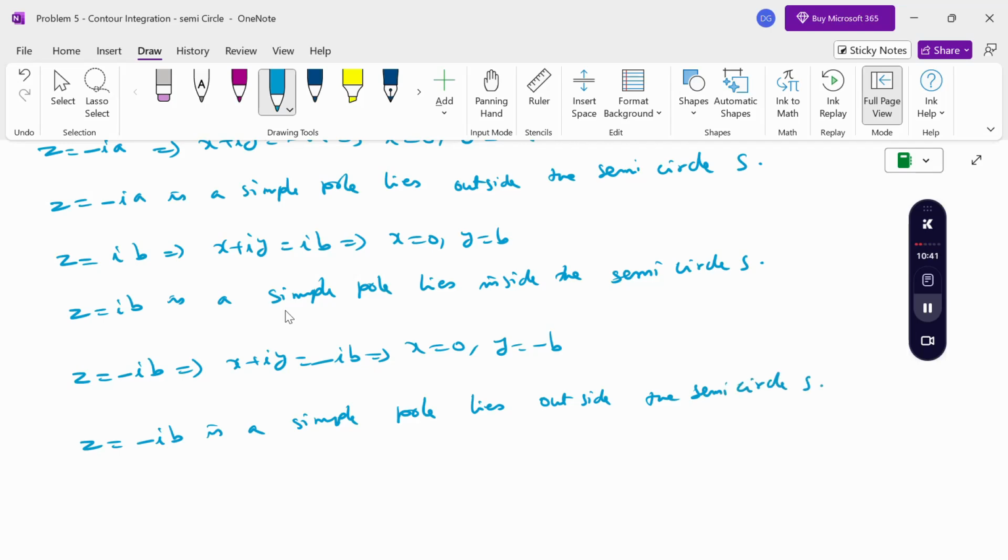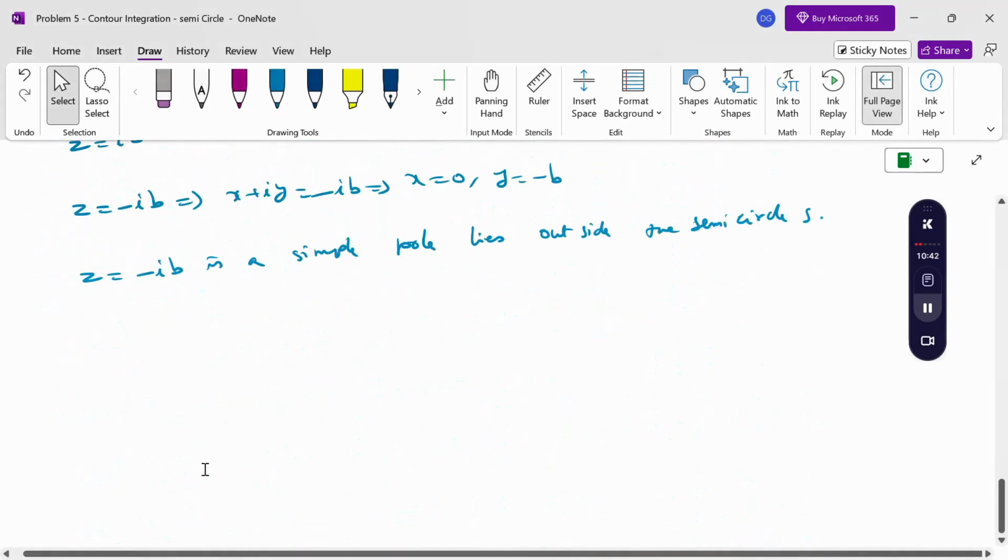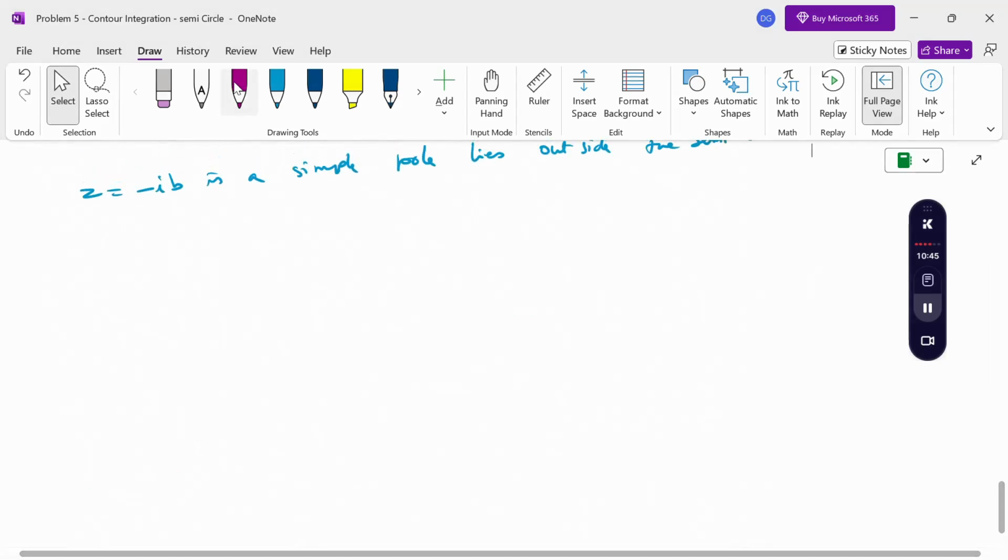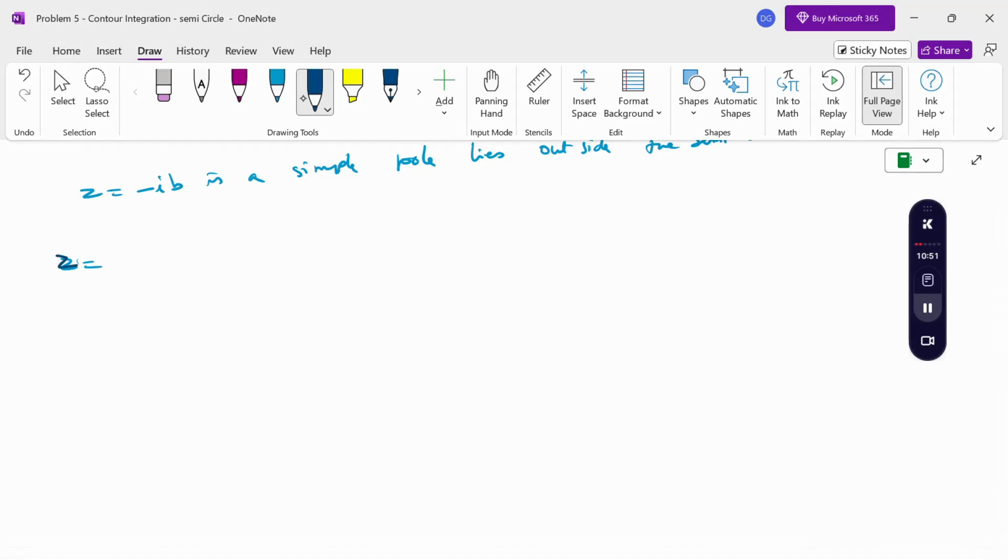So what is the condition? z equal to ia, ib lie inside the semicircle, z equal to minus ia, minus ib lie outside the semicircle.